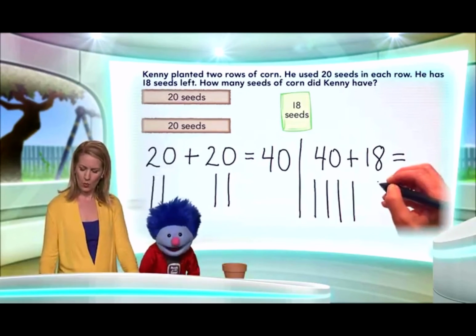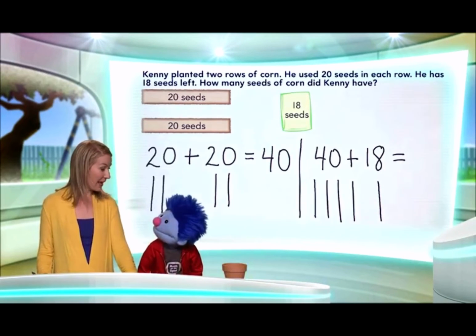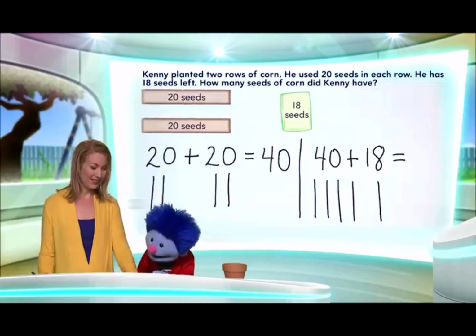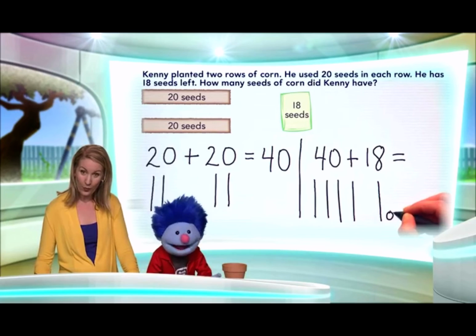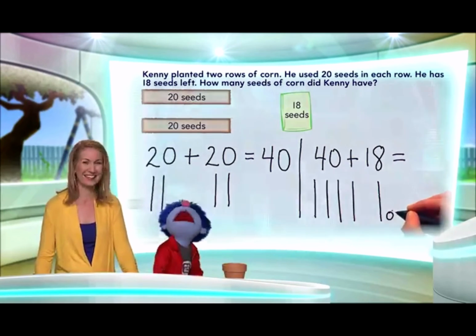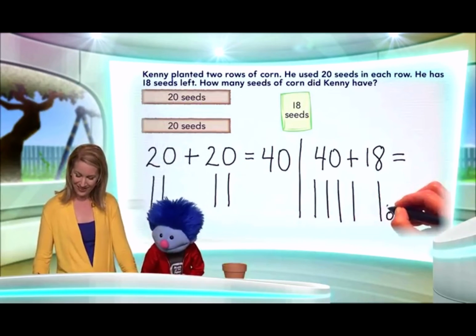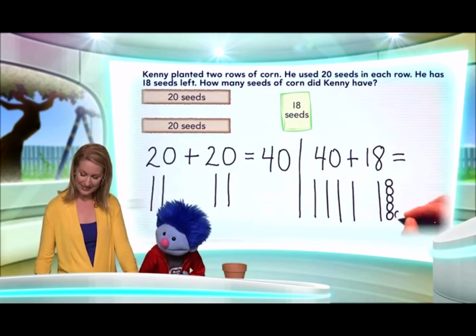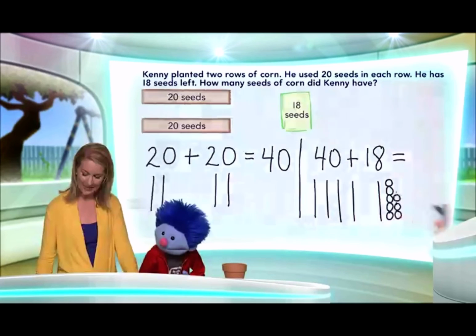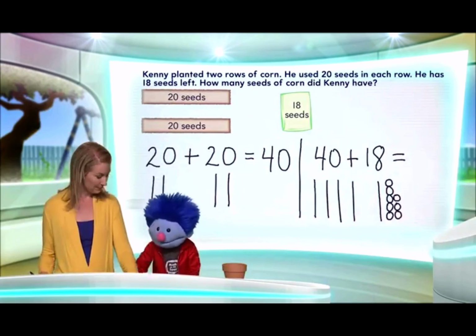It is 1 ten, and then 8 little ones. Let's count those round circles that kind of look like seeds. 1, 2, 3, 4, 5, 6, 7, 8. Is that good? Yeah, that's great.